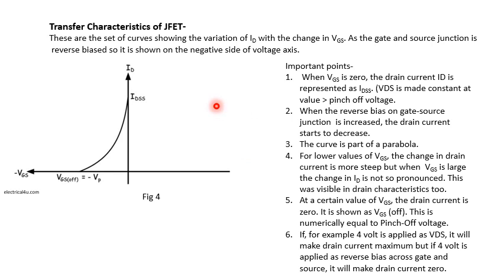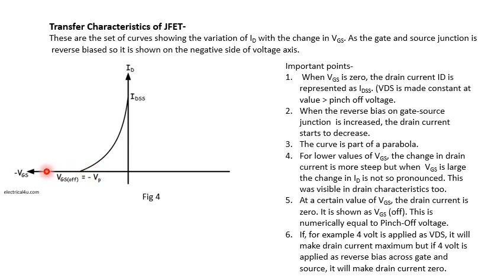Now in figure number 4, the transfer characteristics of the junction field effect transistor are shown. Transfer characteristics are the variation of the drain current with the variation in gate source voltage. As I have discussed in the previous slide, the gate and source junction of a junction field effect transistor is always reverse biased.